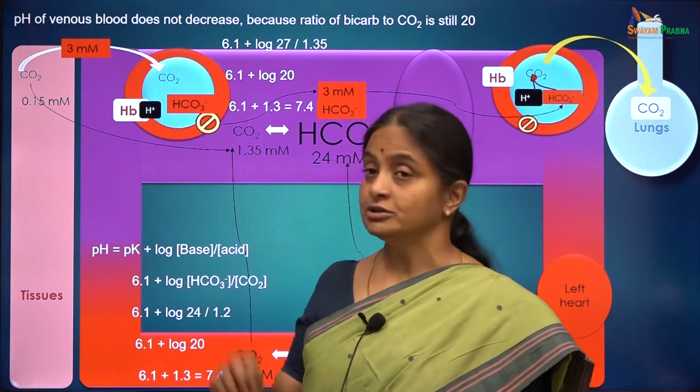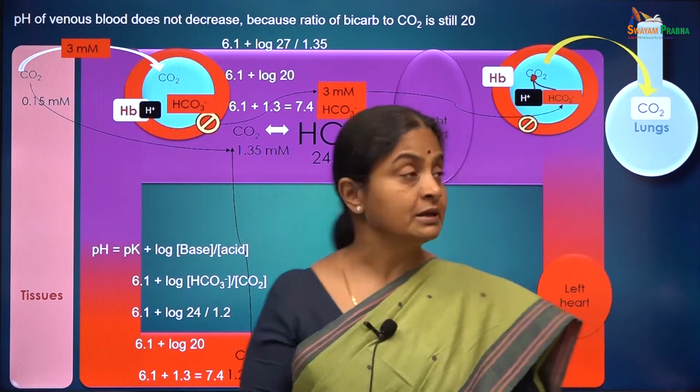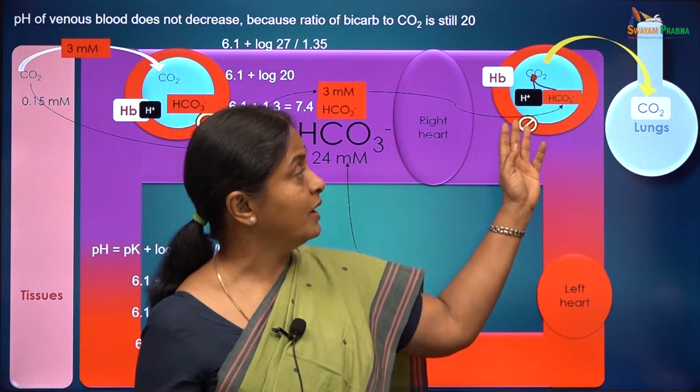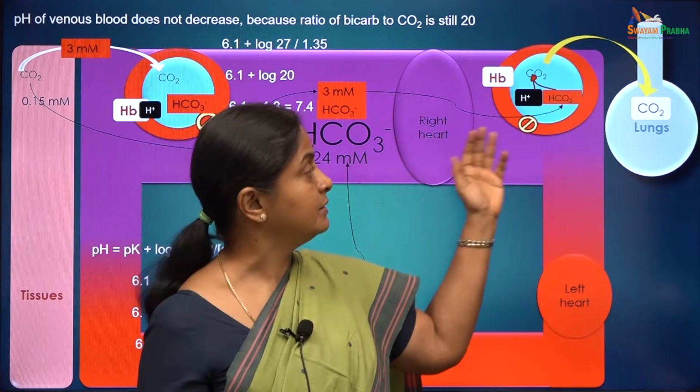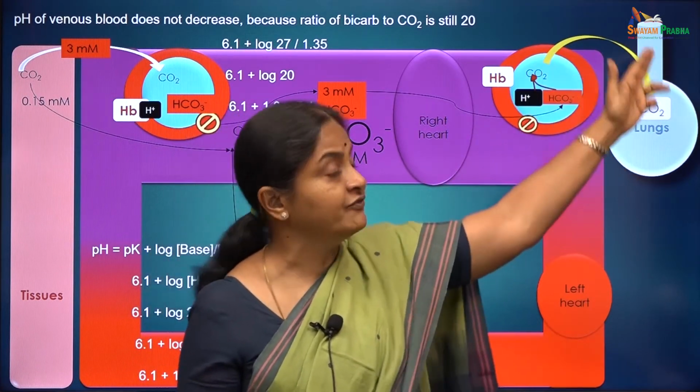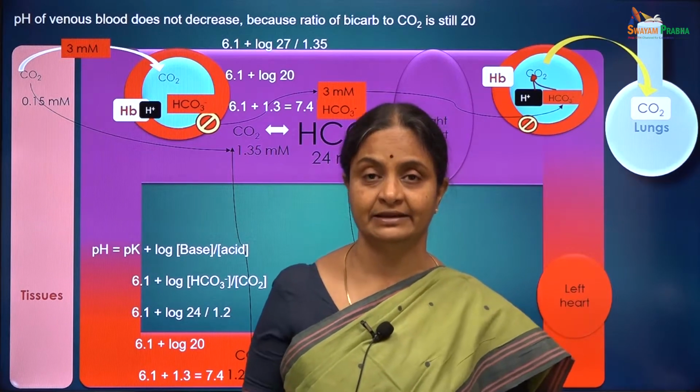It binds protons where they are formed, and when the red blood cells reach an area where the protons can be eliminated, hemoglobin will give up those protons to react with bicarbonate, form carbon dioxide and eliminate the acidity.